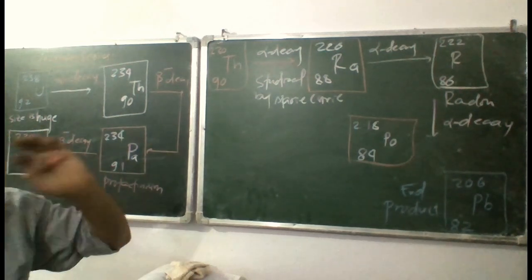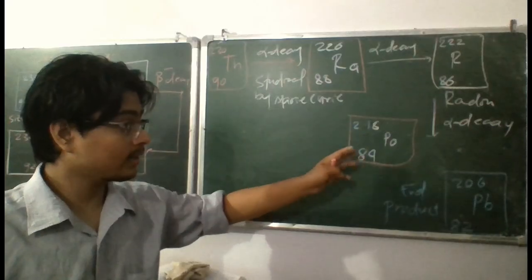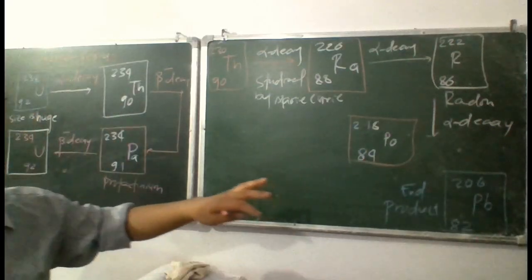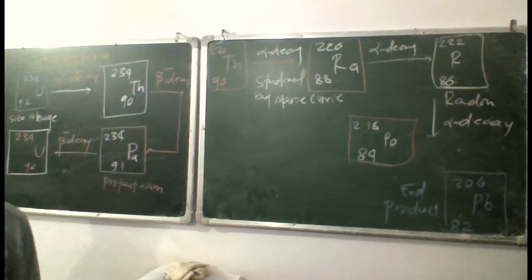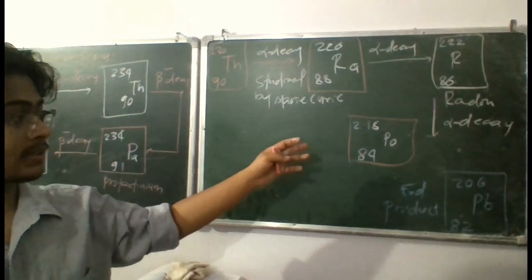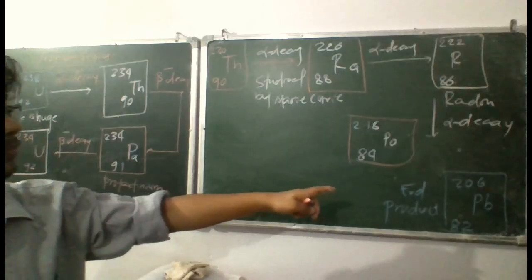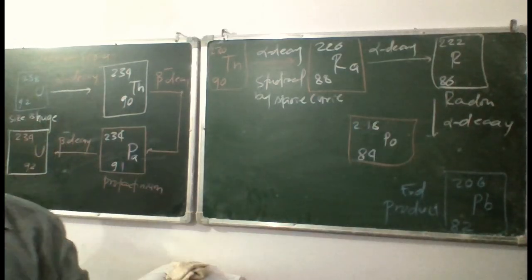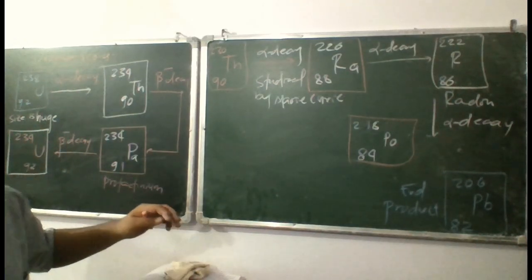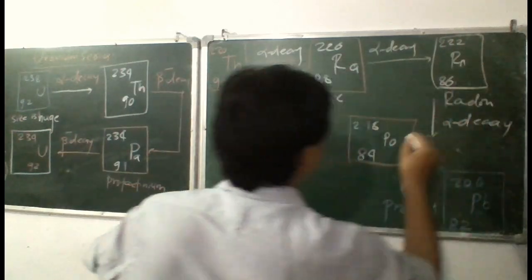After this, we have got 218, and you might think that one alpha decay is enough to get the end product, right? So let's do that. Actually, radon is written as Rn.